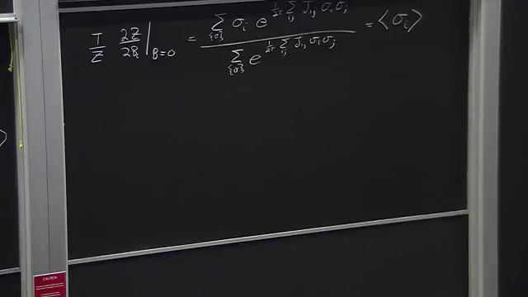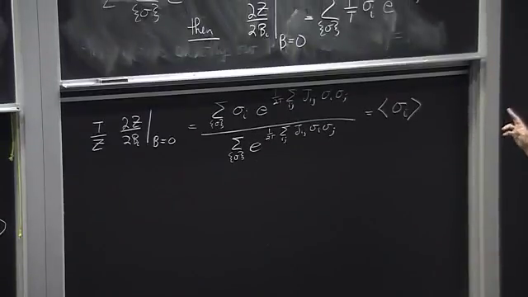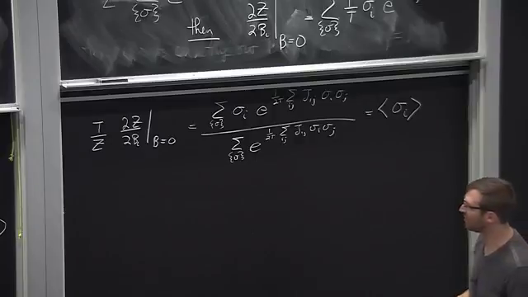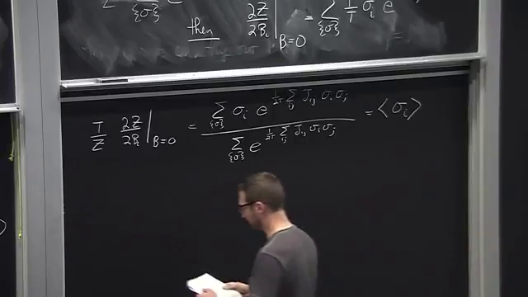Okay, I could take another derivative up at this stage here. Oh, no, sorry. Before I set the field to 0, I could pick another site, J, take the derivative, pull down another sigma.